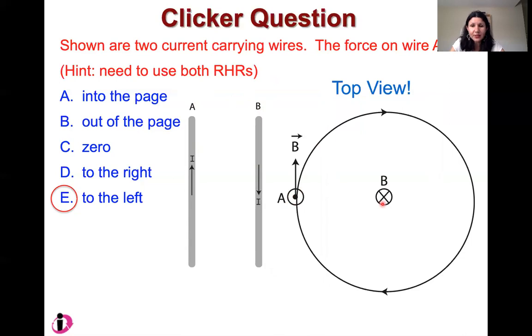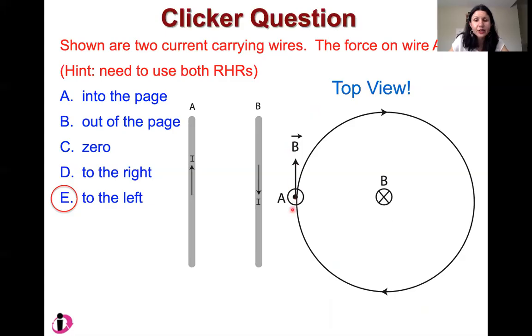So what we have to do again is use our right-hand rule number one first to figure out the magnetic field. For wire B, the current points into the board, my fingers curl around, so you get this clockwise magnetic field. So over here, the tangent line of the magnetic field will point up like this.